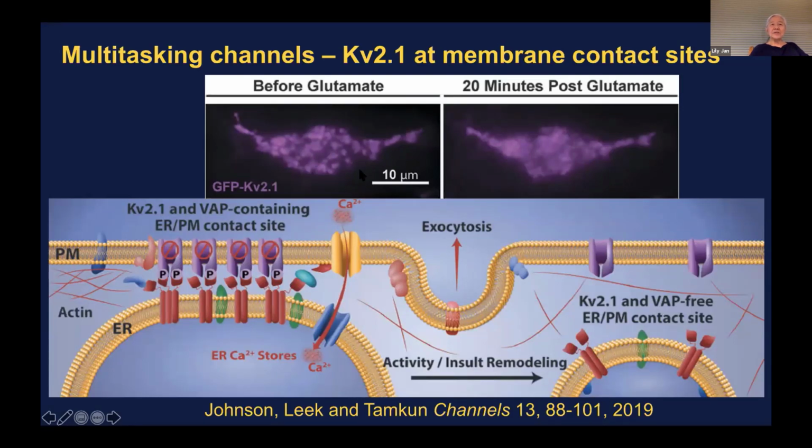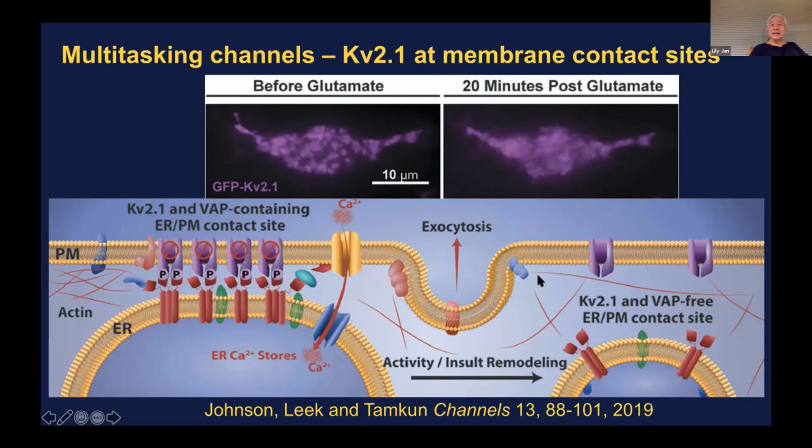This is an image of Kv2.1 with these clusters corresponding to the ER plasma membrane contact sites. And this is sensitive to neuronal activity. Glutamate application that leads to burst firing of action potentials would cause these clusters to be dispersed.